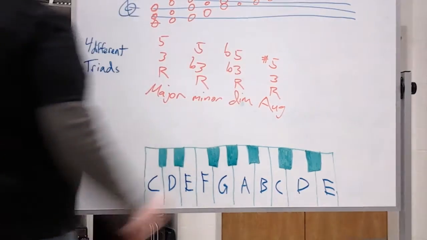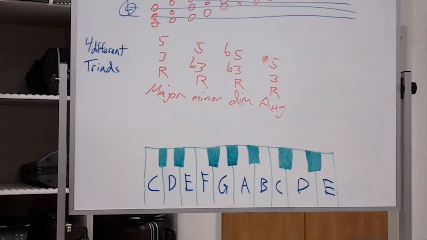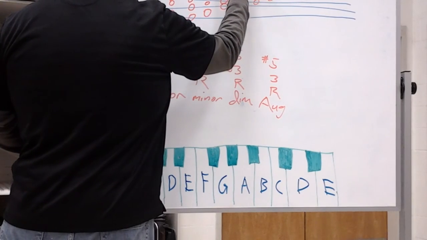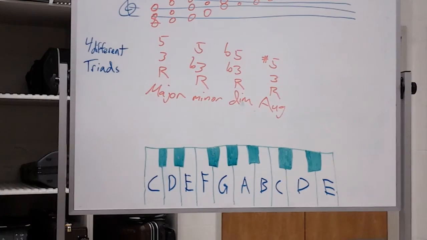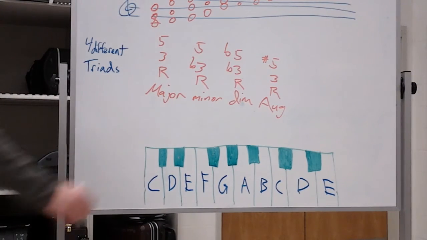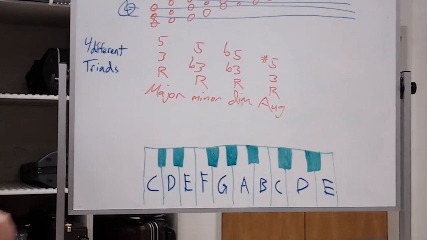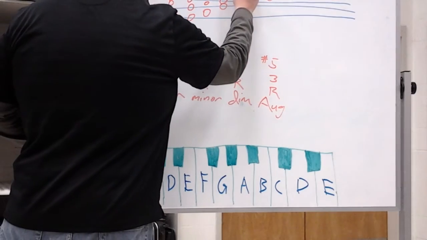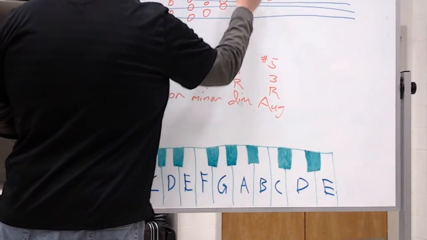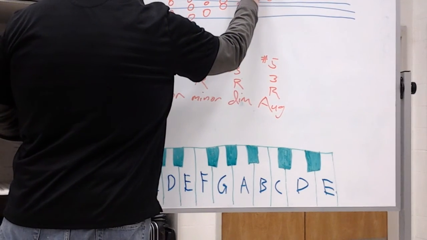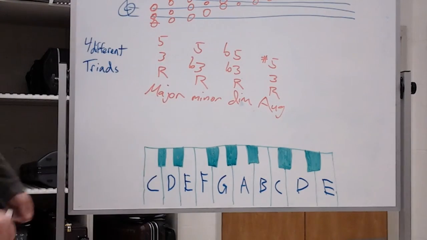This is also a major chord because G to B is a major third. G major. If I build my triad on A, C, E, A to C is actually a minor 3rd. So my 6th chord, my submediant chord, is an A minor triad.